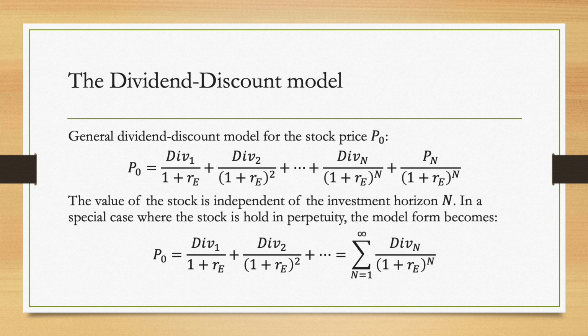That is, the price of the stock is equal to the present value of the expected future dividends it will pay. The equity cost of capital here is the expected return of other investments in the market with equivalent risk.